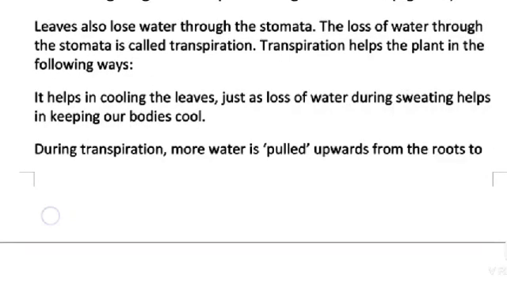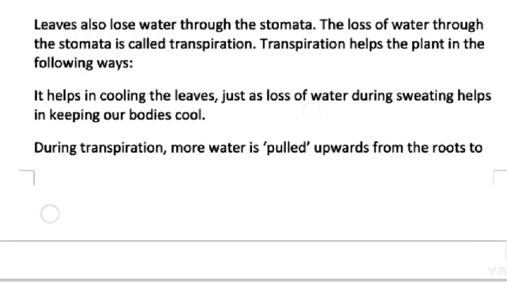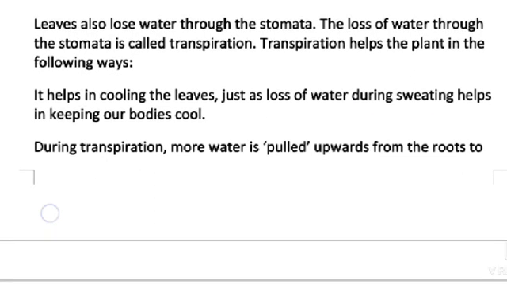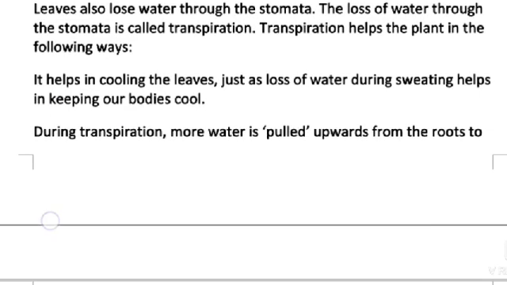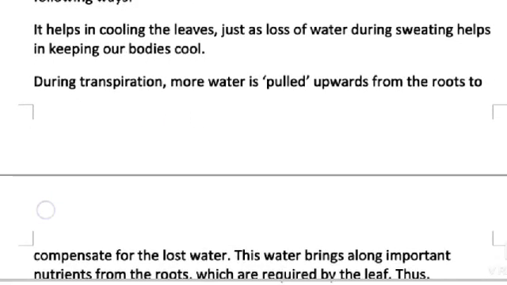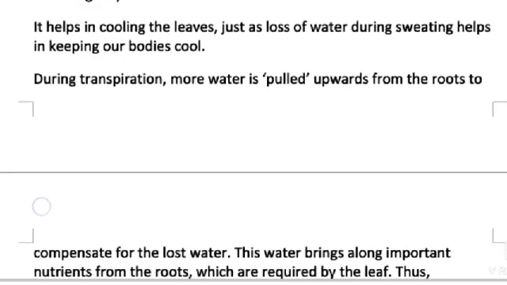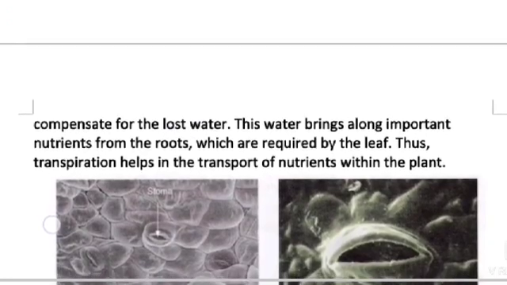Transpiration helps the plant in the following ways. It helps in cooling the leaves, just as loss of water during sweating helps keep our bodies cool. During transpiration, more water is pulled upwards from the roots to compensate for the lost water.